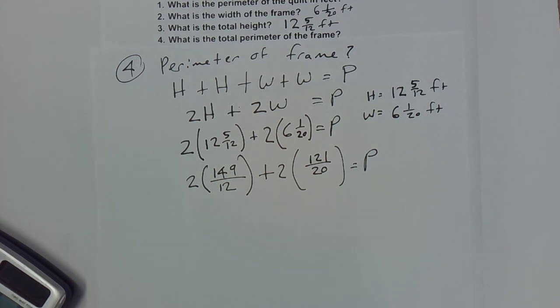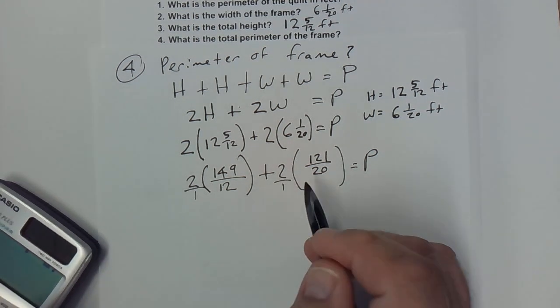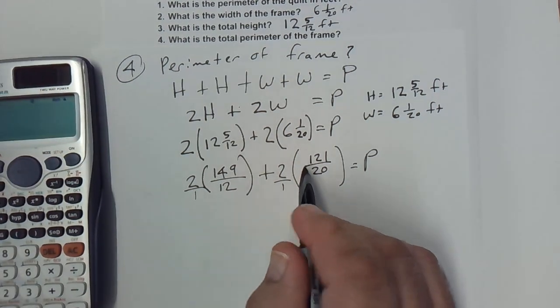So let's do our multiplication. Again, we can imagine that these 2's are over 1. We don't need a common denominator to multiply.